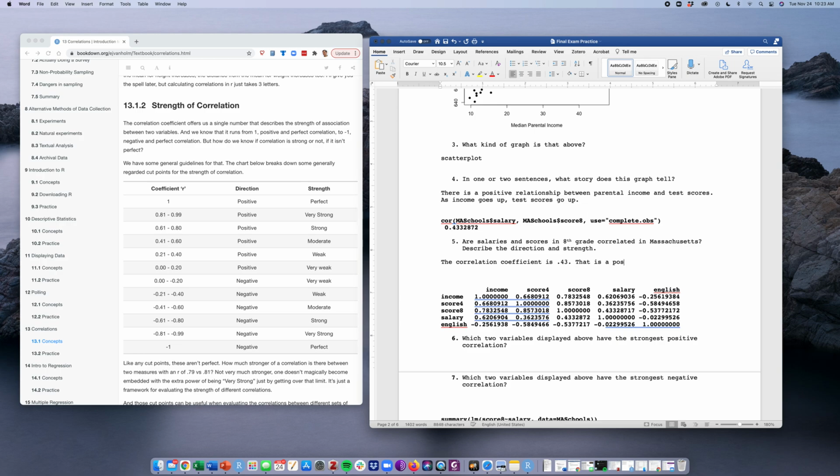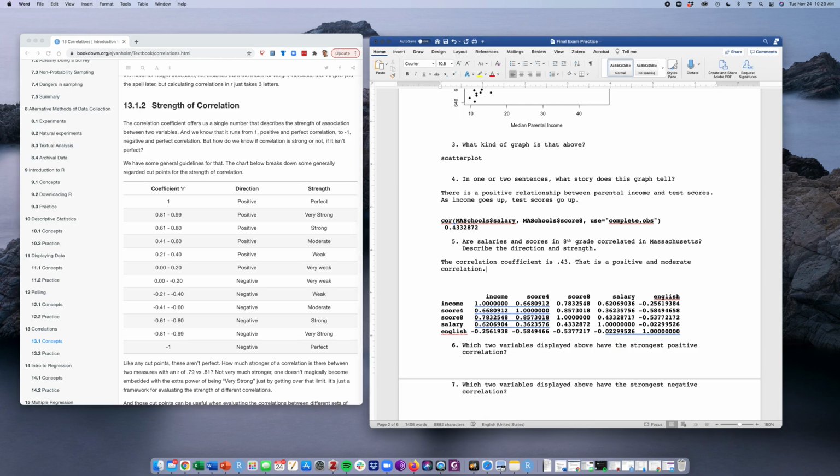That is a positive correlation, right? It's above 0, so it's positive. And it's moderately strong because it's in this area between 0.41 and 0.6. It is a positive and moderate correlation.